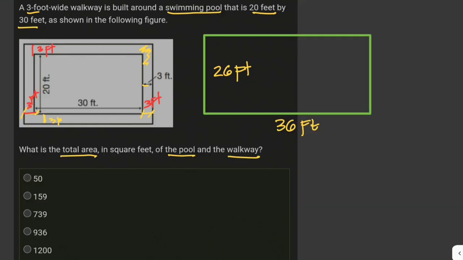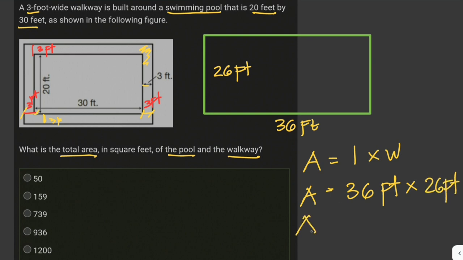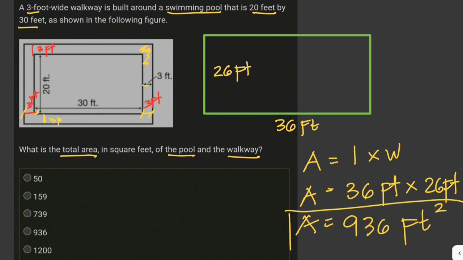And now we can solve for the total area by using the formula for the area of a rectangle. So that is length times width. So this is just equal to 36 feet times 26 feet, and this would give us 936 square feet. So this is our answer here.